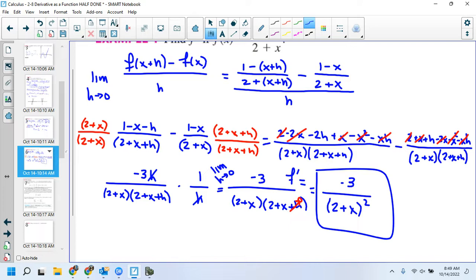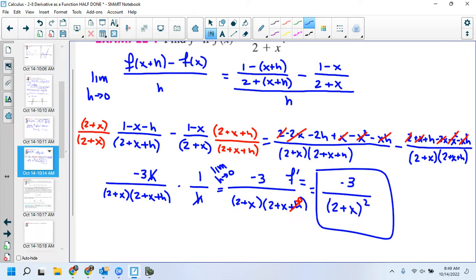That's saying at any given point along that rational function, if you take x equals 3, negative 3 over 5 squared, so negative 3/25 is my slope at x equals 3. So this is a function that will spit out a slope to you at any given time.